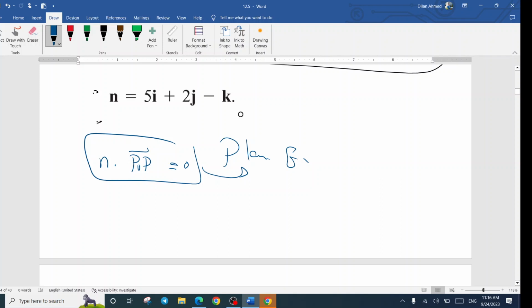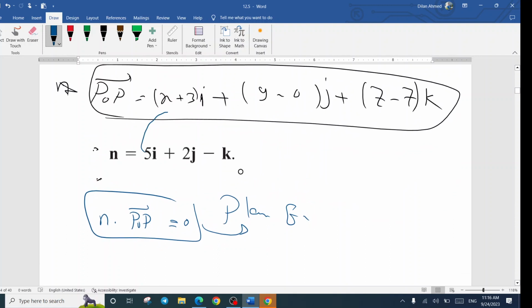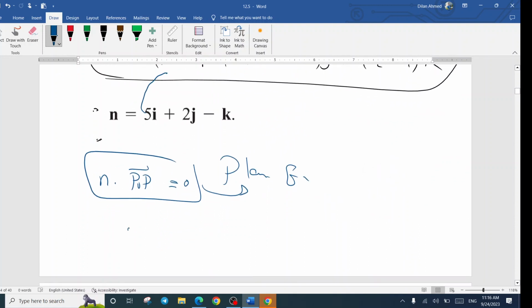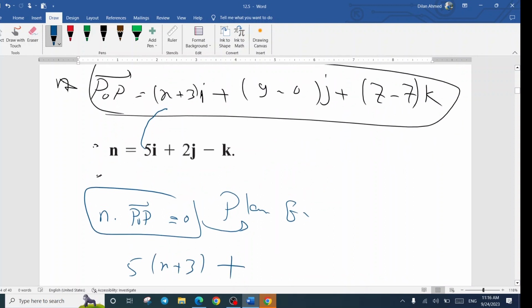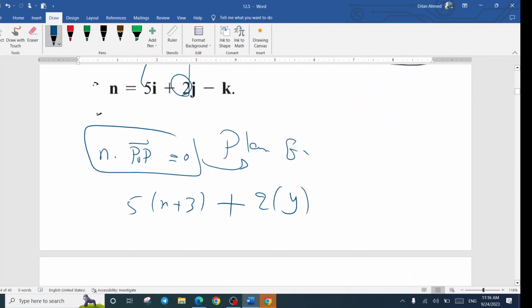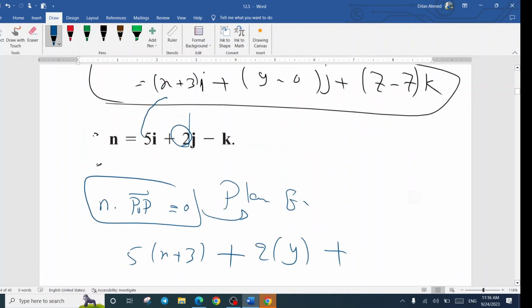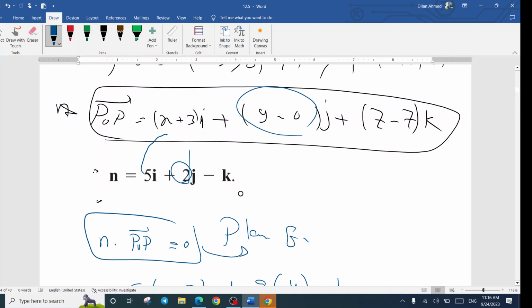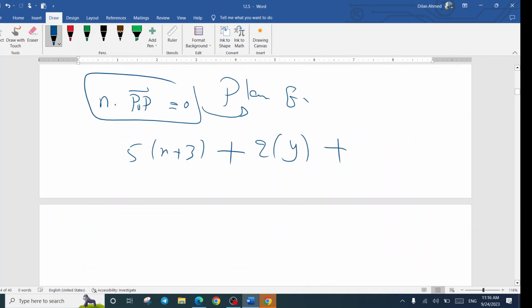How do we make a dot product between two vectors? 5 to here, am I right? So 5 to x minus 3, or plus 3, plus 2 to j, 2 to y, plus minus 1 to z minus 7.